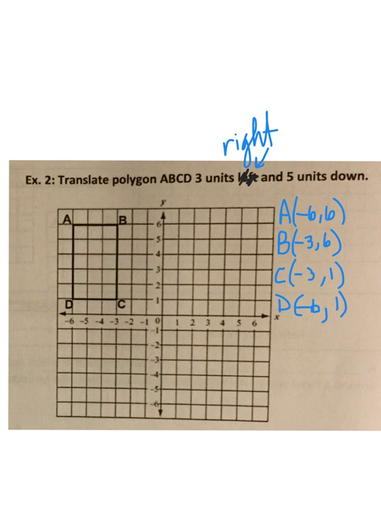Now let's translate polygon ABCD 3 units right and 5 units down. One, two, three, 1, 2, 3, 4, 5. So A prime is actually going to be where the current ordered pair C is. B prime is going to be right here.